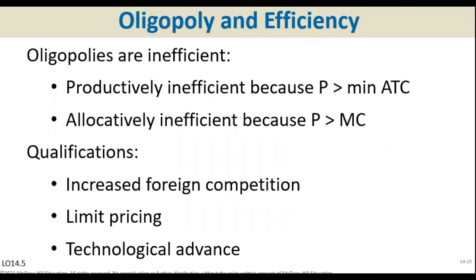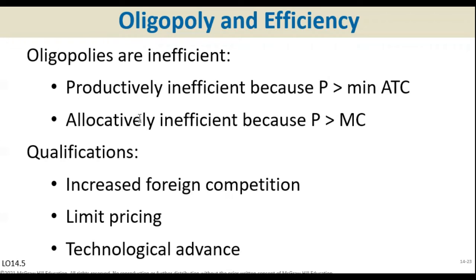Oligopoly and efficiency. You recall the formula of efficiency. Productive efficiency is met when P is equal to minimum average total cost. You see here for oligopoly, the price is greater than the minimum average total cost. So here, productive efficiency is not met for oligopoly.